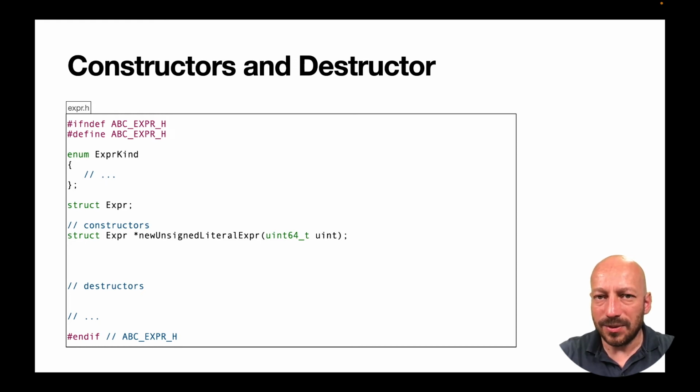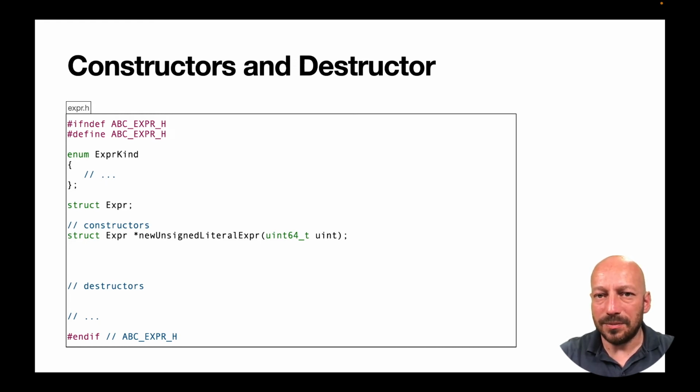Now this first constructor here is for constructing a primary expression for an unsigned literal. It receives, of course, one value that should be stored in this expression node. Then internally, this constructor will allocate memory, initialize this structure, and returns a pointer to that.